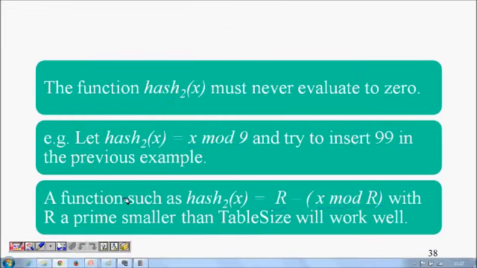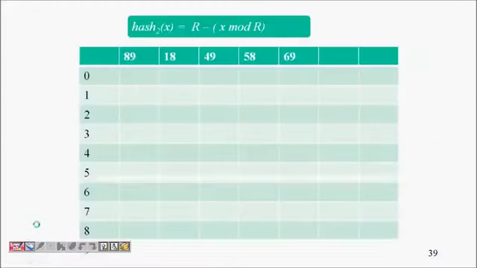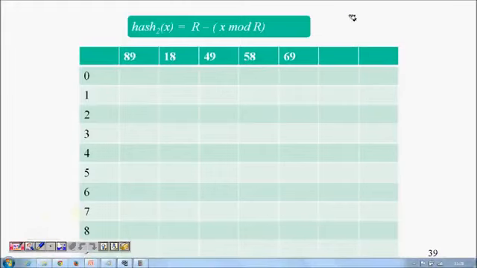Now we have h(x) as x mod 10, and hash2(x) as 7 minus x mod 7.